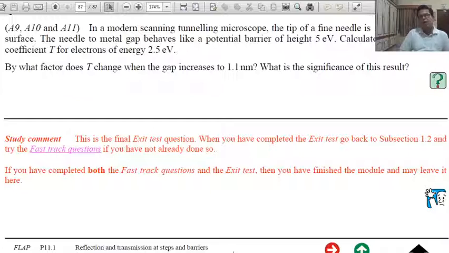Conceptually it is okay, but no article is ideal. That means there is some lacuna also, and then you can easily incorporate the things from different articles or books.